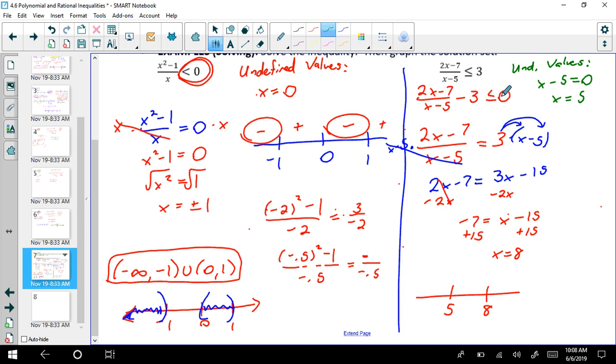I want us to see that 0 on one side. So I just subtracted the 3 over. So you could probably just do this in your calculator.